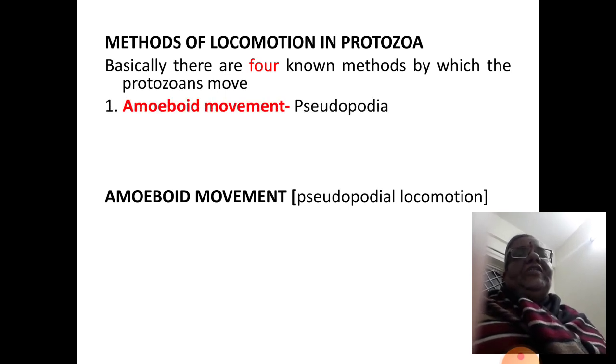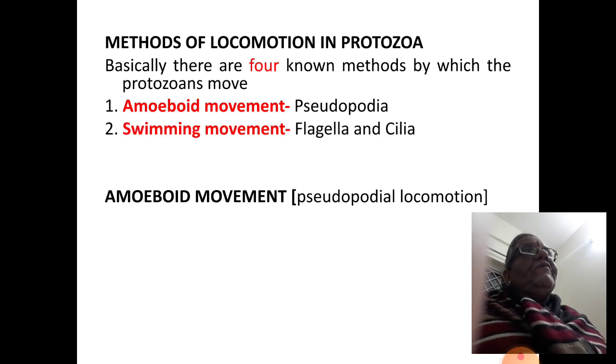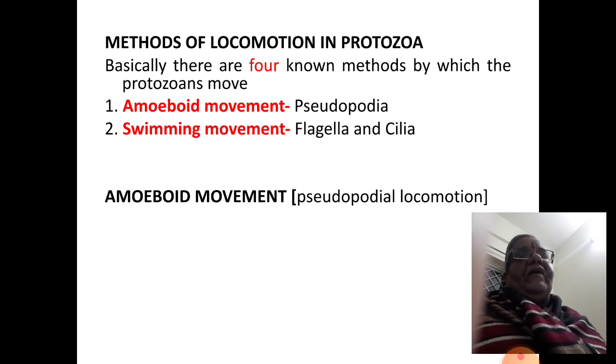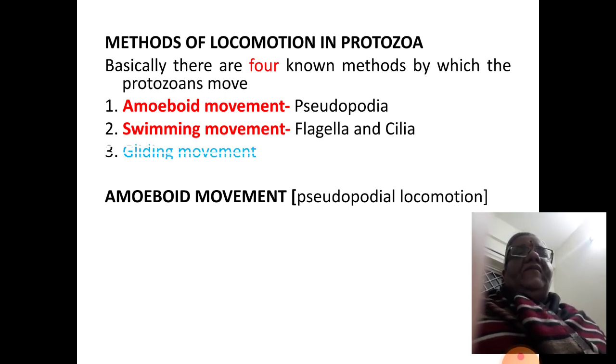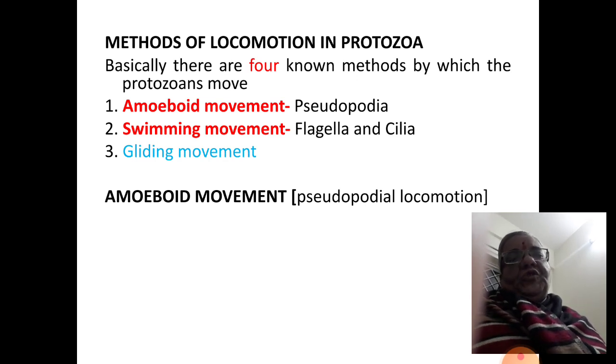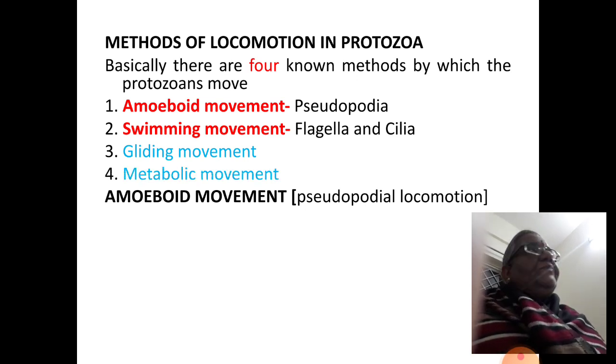They are, to list, amoeboid movement, which happens through the pseudopodia, then swimming movement, which happens through either flagella, as you see in Chlamydomonas, Euglena, etc., or through cilia, as you see in Paramecium. Then, apart from these two major modes of locomotion, you do find gliding movement and metabolic movement.